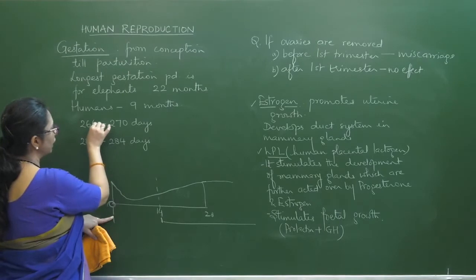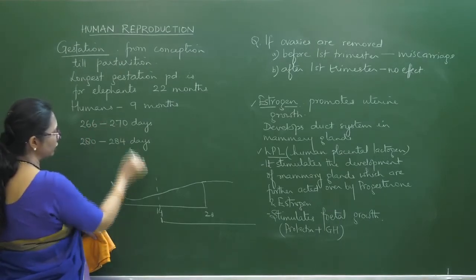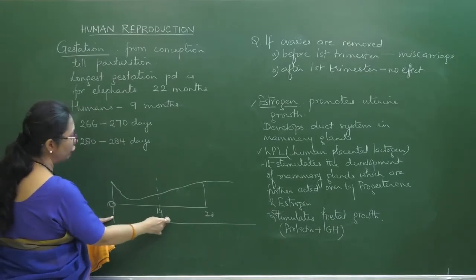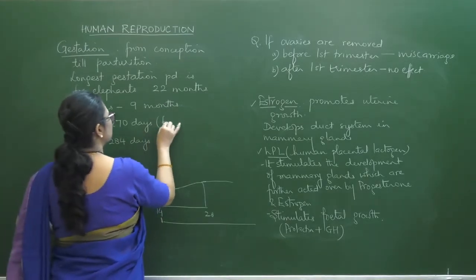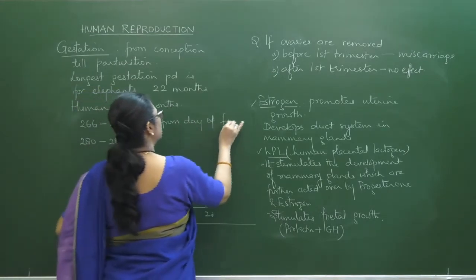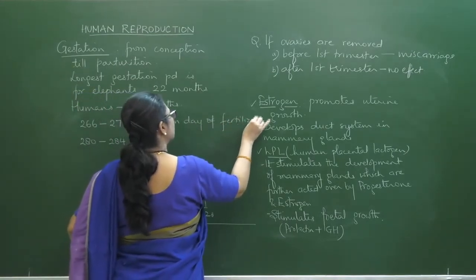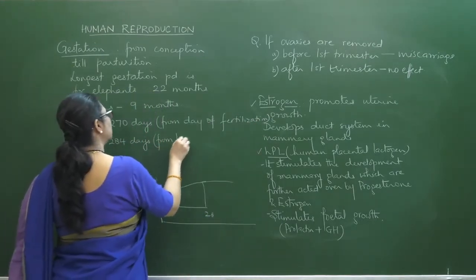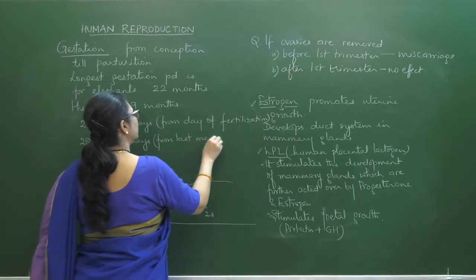So this is lesser, 266 to 270 days. So it is 14 days less. That means this is from the day of fertilization. Okay. And this is from the last menstrual period.